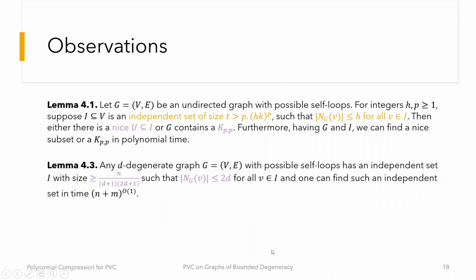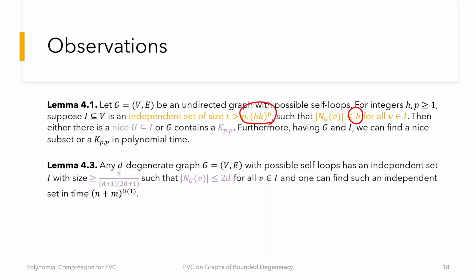To answer the question, we have two observations. The first one is that if we have a graph G and two arbitrary numbers H and P, and we know that G contains a large enough independent set, with this many vertices, and the vertices in the independent set have at most H neighbors, then we can say that the graph contains a nice subset, or contains a K_{P,P}.